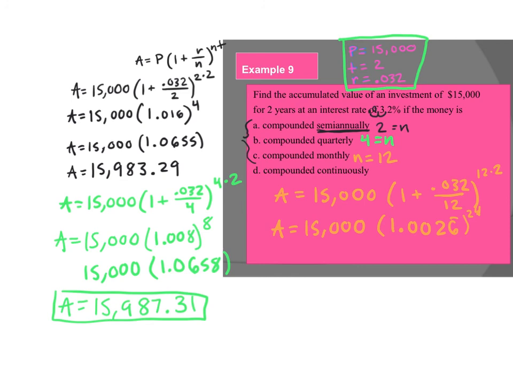Sorry guys, I'm doing it in my calculator too, and I keep messing up. Okay, so here I get 1.066 times 15,000, so we get 15,990.02.